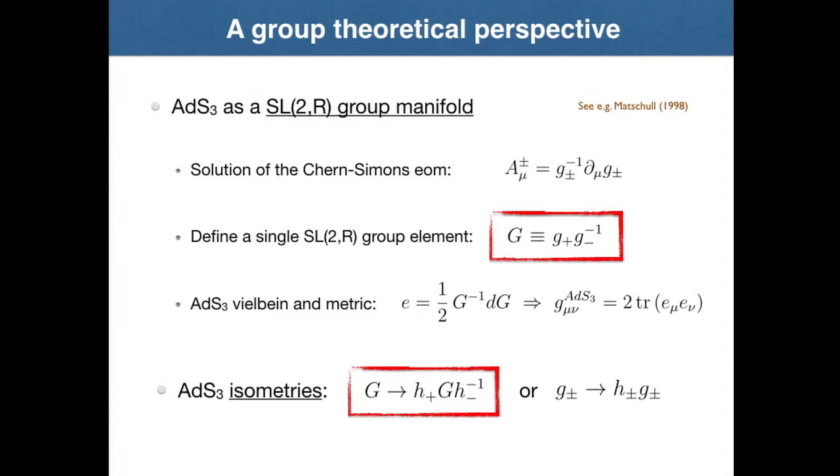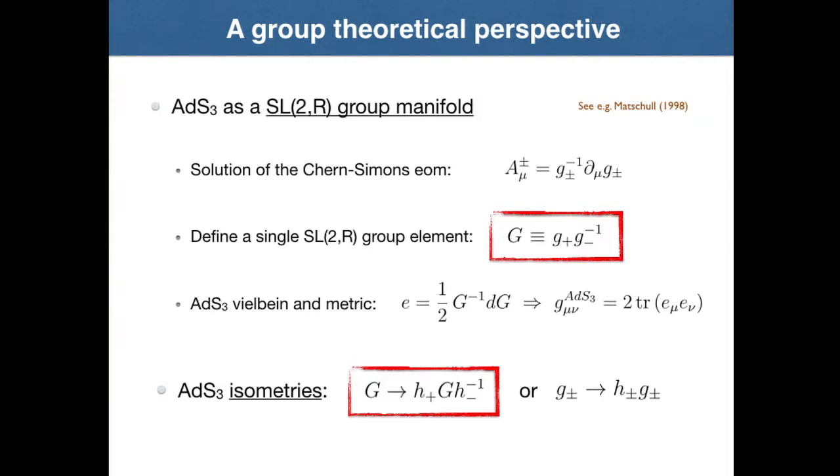And another important step in this construction is that now, once we arrive at the level of SL2 parameterizations, isometries are implemented in a trivial way, in the sense that the AdS3 isometries are implemented as left and right multiplications of the SL2 manifold by suitable SL2 elements.